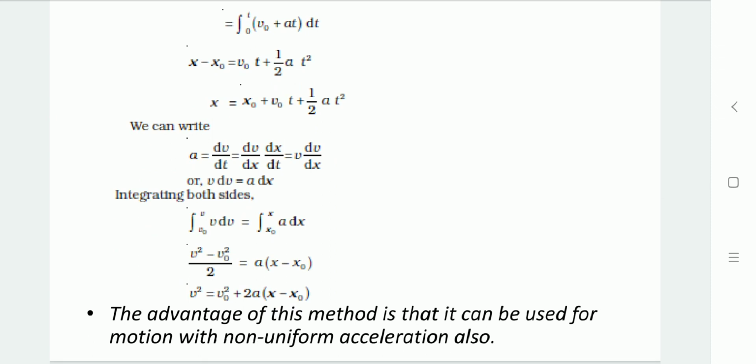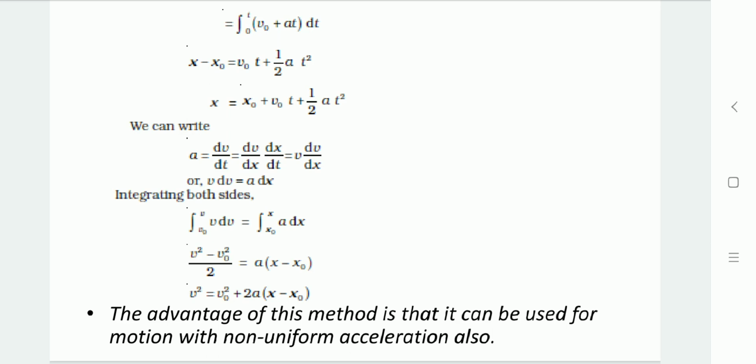Integrating both sides and applying the limits, it would be v square minus v0 square by 2 equal to a times (x minus x0). So the equation we have is v square equal to v0 square plus 2a (x minus x0). So by this method also we are able to obtain all three kinematic equations of motion for constant acceleration using the calculus method.